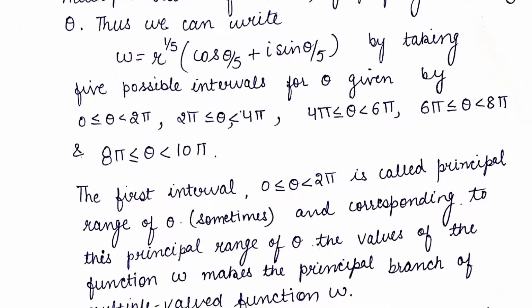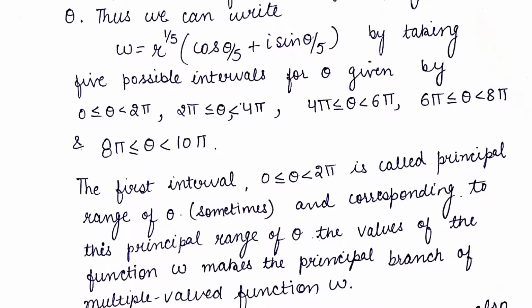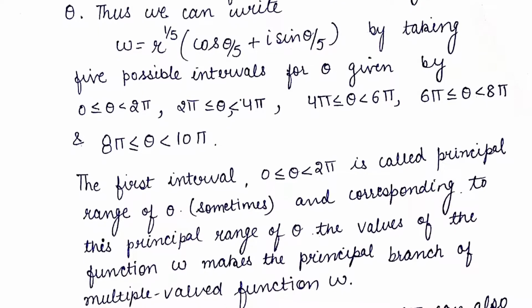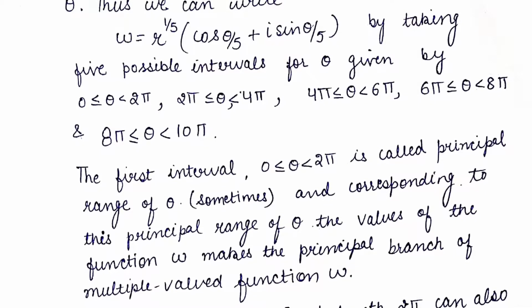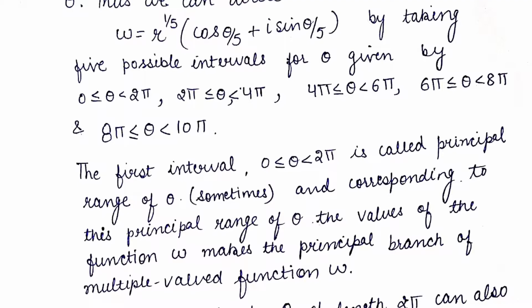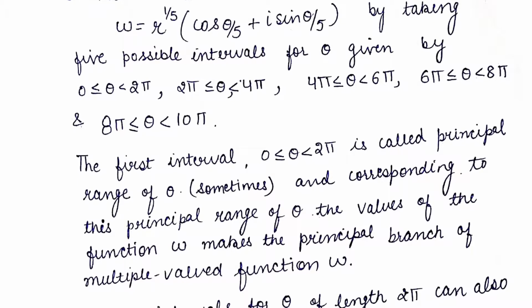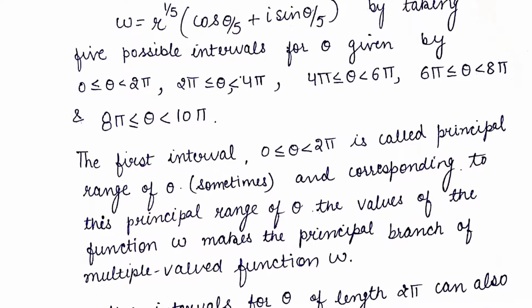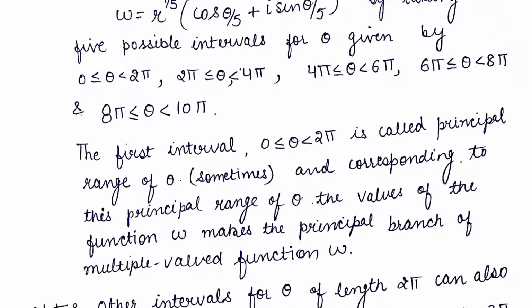For the fourth branch, theta lies in the interval 6 pi but strictly less than 8 pi. And for the fifth branch, theta must be greater than or equal to 8 pi and strictly less than 10 pi. So in this way, we can find 5 branches of this multiple valued function by restricting our theta properly.